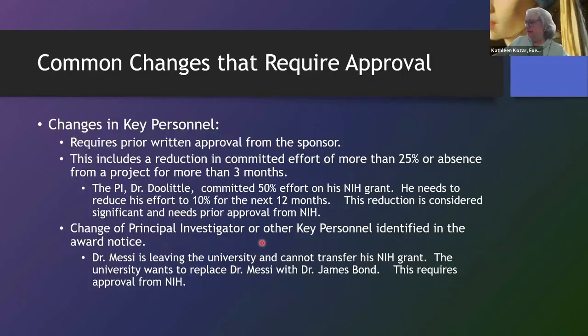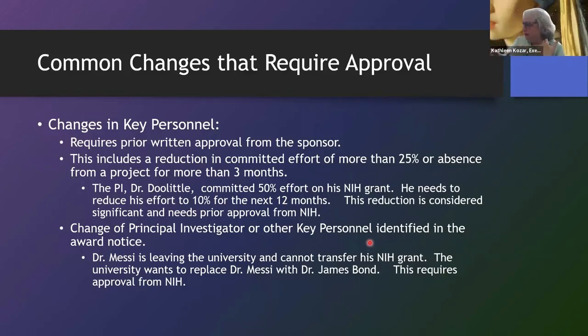A change of principal investigator or other key personnel identified in the award notice. If you have a change of key personnel other than the principal investigator, you always want to look at the award notice from NIH. They will list the key personnel.